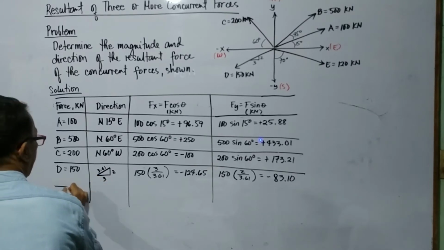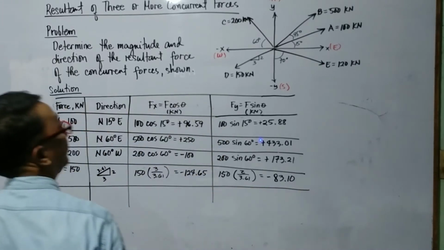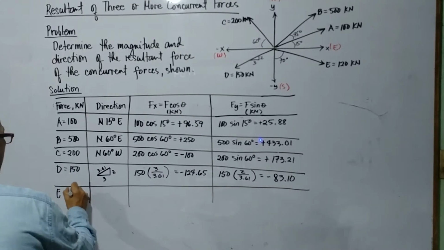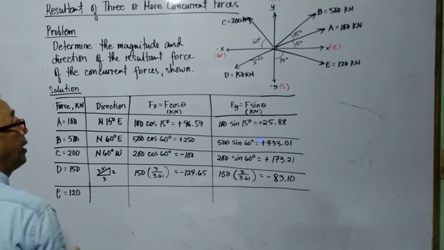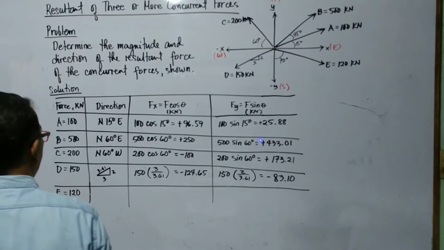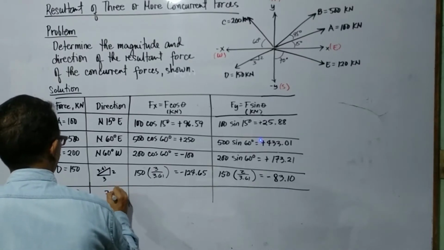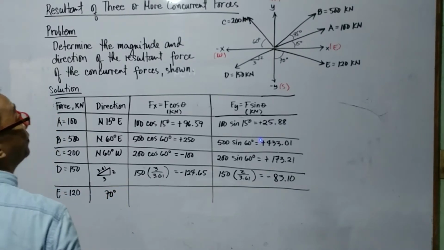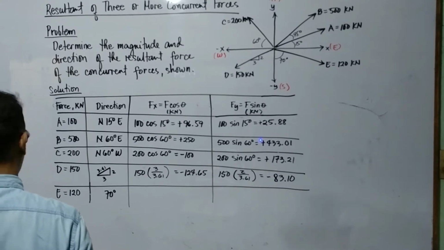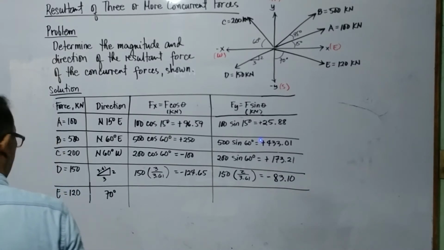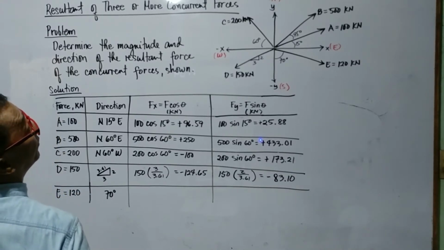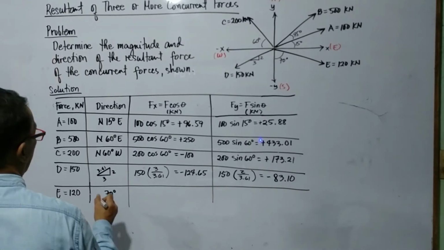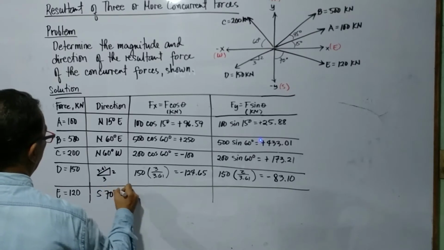Our last force is E force at 120 kilonewton at 70 degrees south of east.